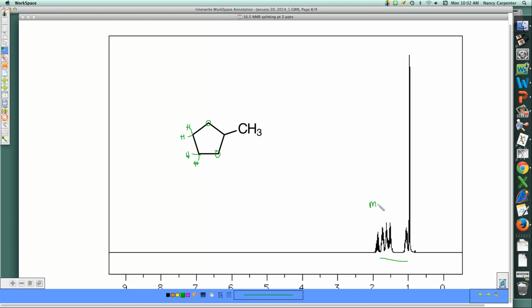In fact, all you're going to find is a mess, because the chemical shifts for all of these signals are too close to one another.